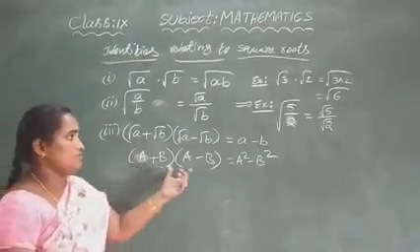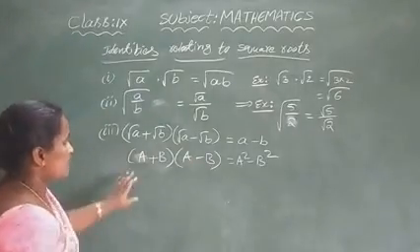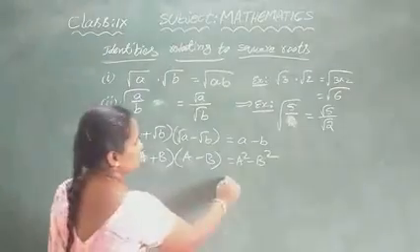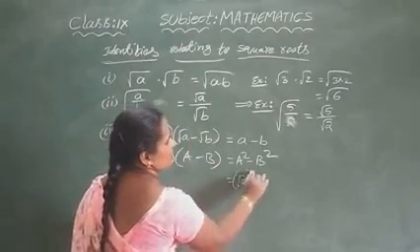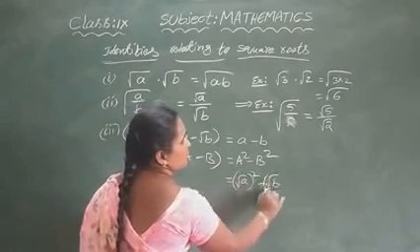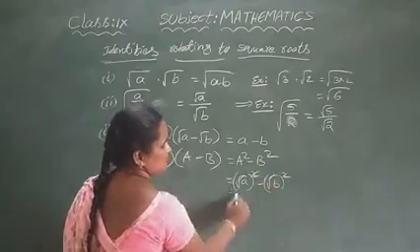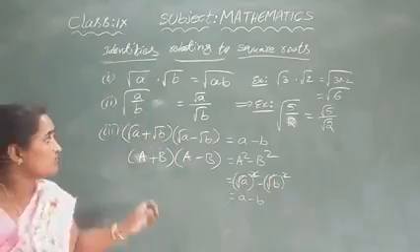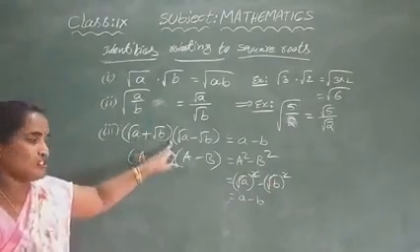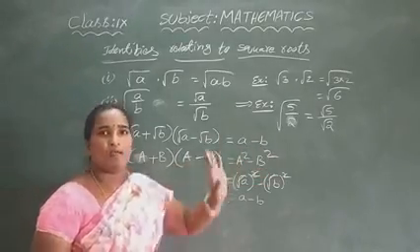A plus B into A minus B is equal to A square minus B square. So in the same way here, A square means root A whole square, and root B whole square. Square and square root cancel, then it is A minus B. So that's why root A plus root B into root A minus root B is equal to A minus B.